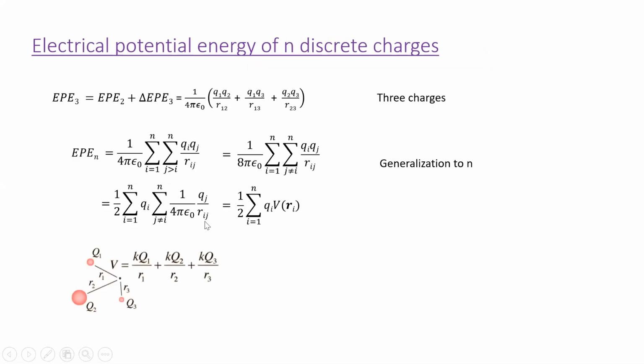Okay, so this is the formula for discrete n charges, where V is understood to be a total over all of the charges in the system, this V here. So we could call this V total if we wanted to.